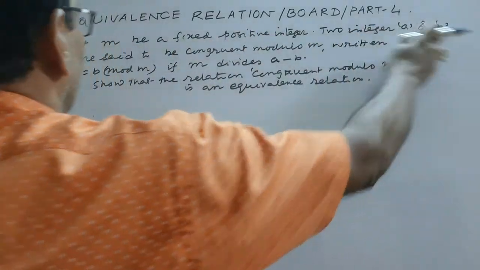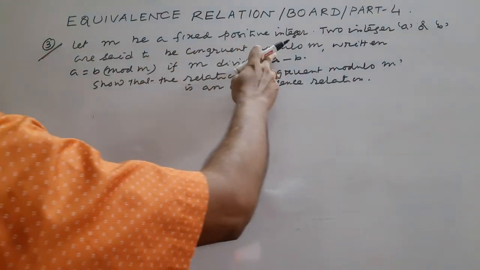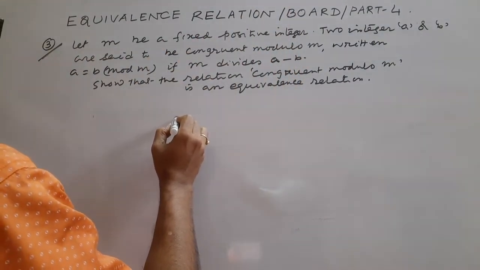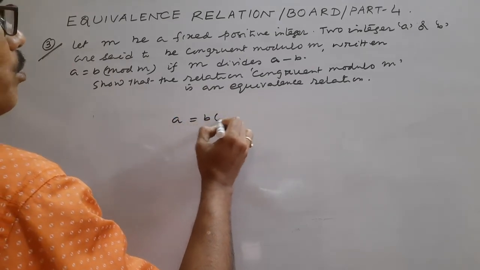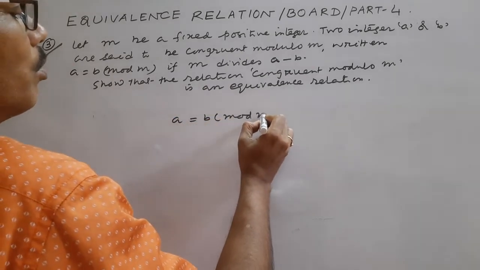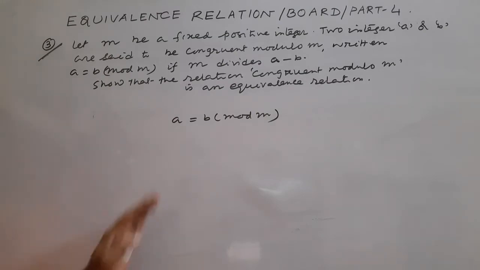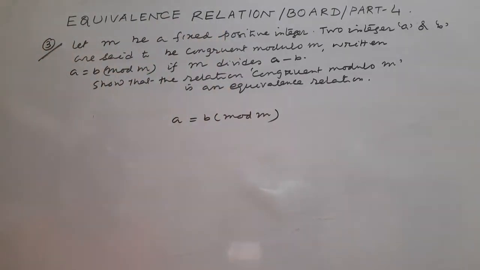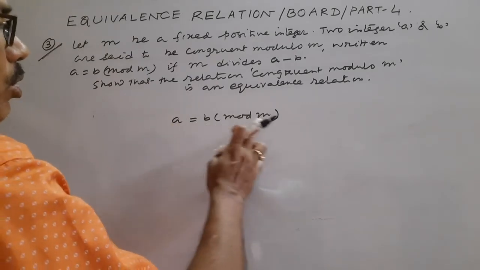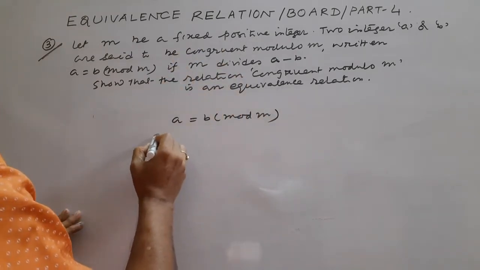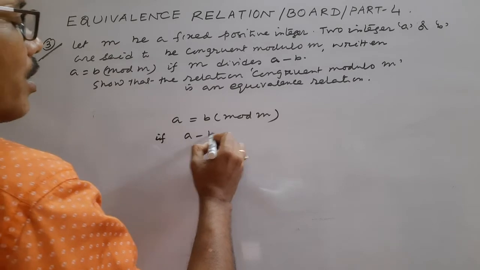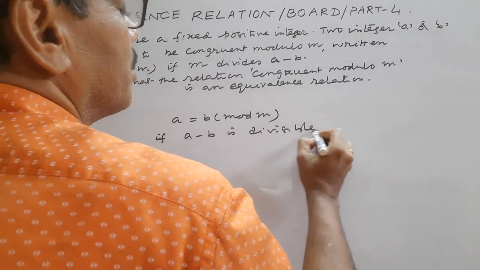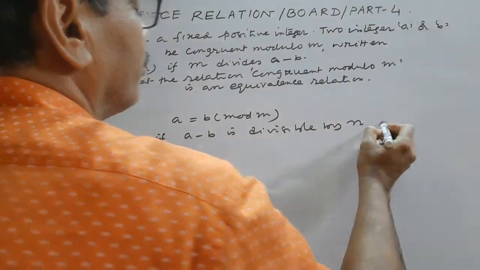Two integers a and b are said to be congruent modulo m, written a is congruent to b modulo m, if a minus b is divisible by m.